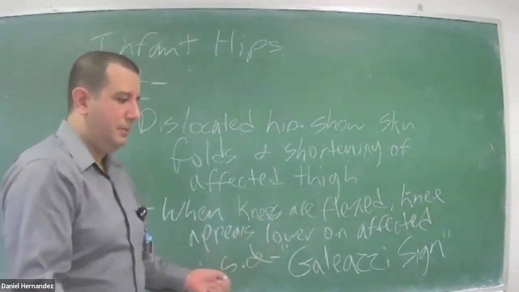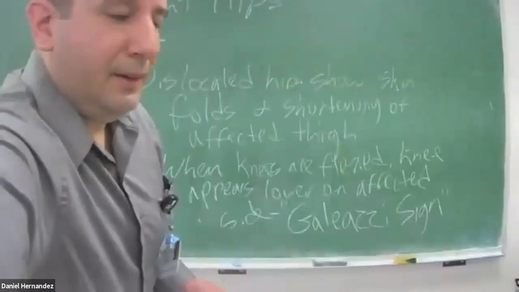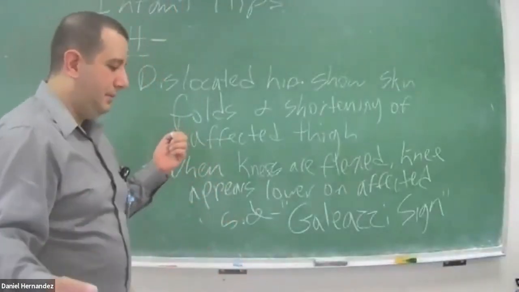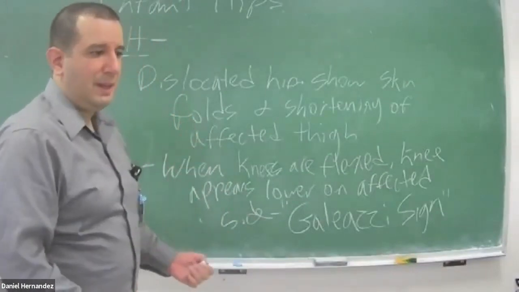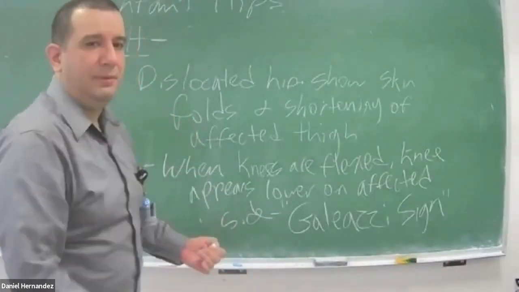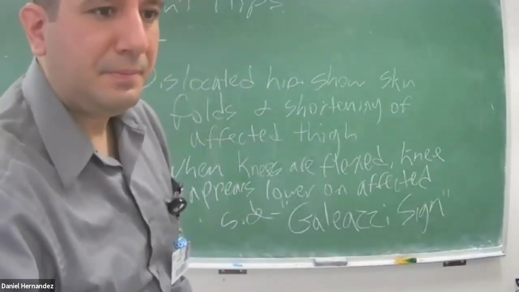So you can imagine the baby's lying supine, you flex the knees up, and on the affected side the knee is going to appear lower down because that hip is displaced.